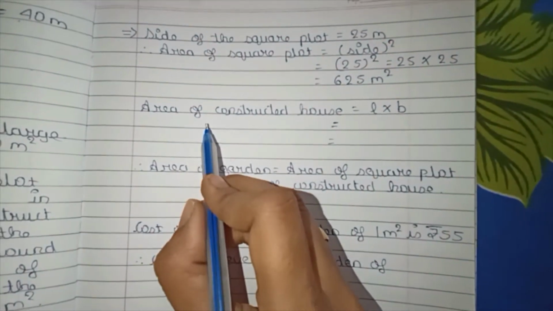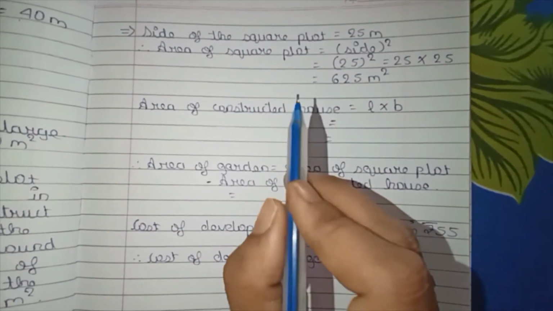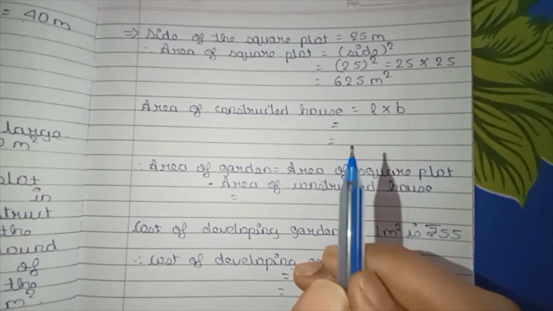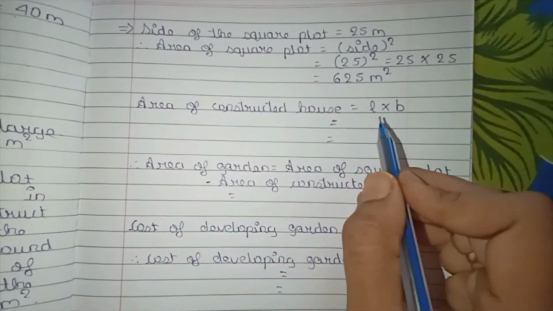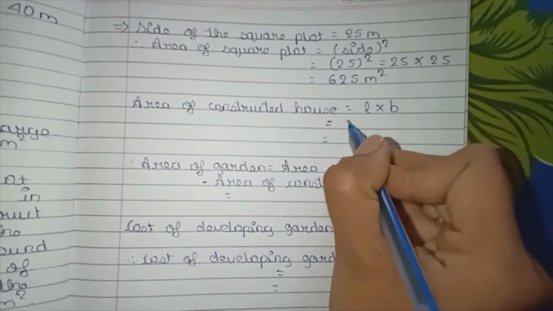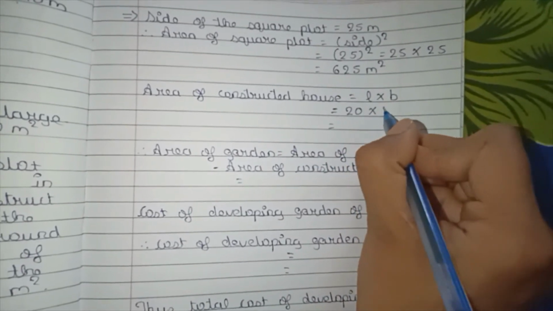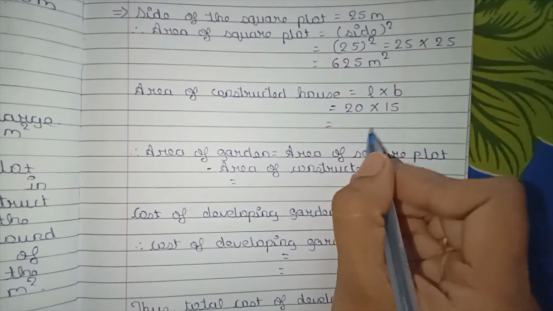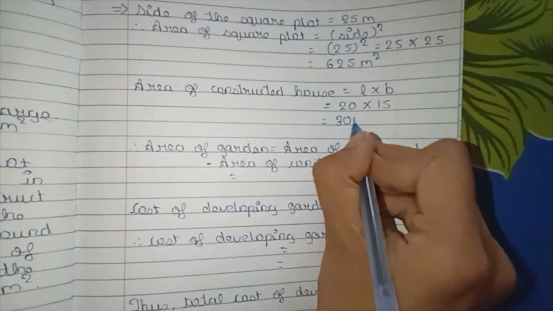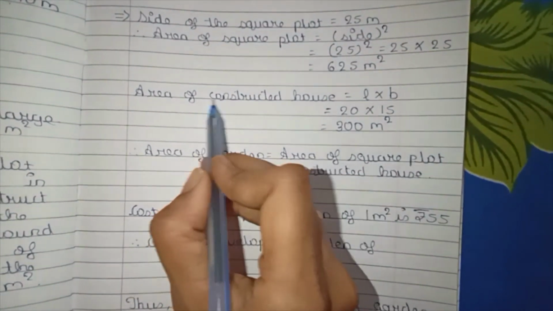Now the area of the constructed house, in the middle, which is rectangular. The area of a rectangle is length into breadth. Length is 20 and breadth is 15. So 20 multiplied by 15 gives 300 meter square. This is the area of the constructed house.